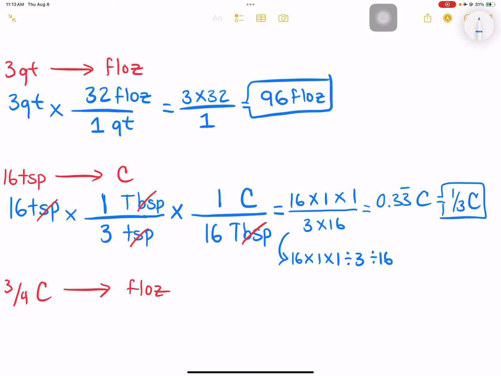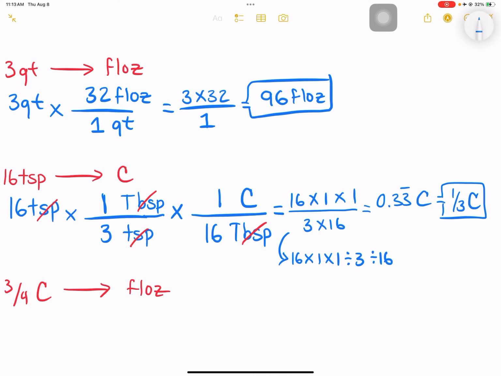You can leave it as a decimal, but sometimes it's easier to talk about fractions. You should be familiar with 1/3 of a cup, 1/2 of a cup, 3/4 of a cup. Either decimal or fraction is correct. The thing to highlight here is the multi-step dimensional analysis that you will have to be doing in this term and the following term.